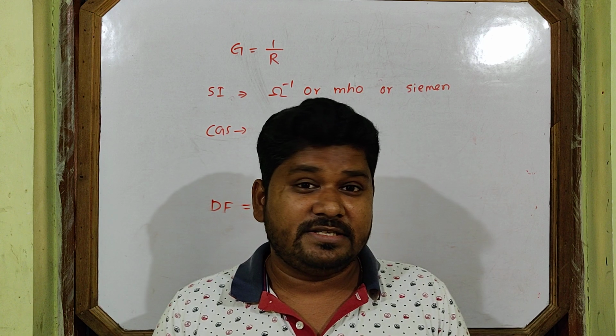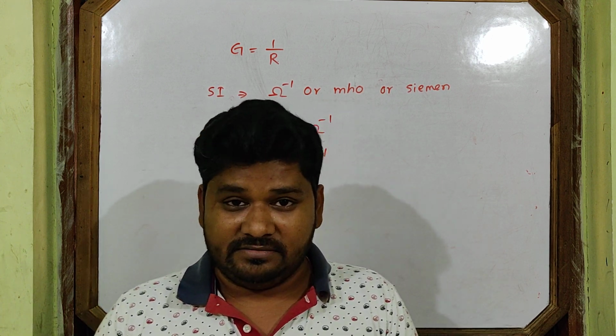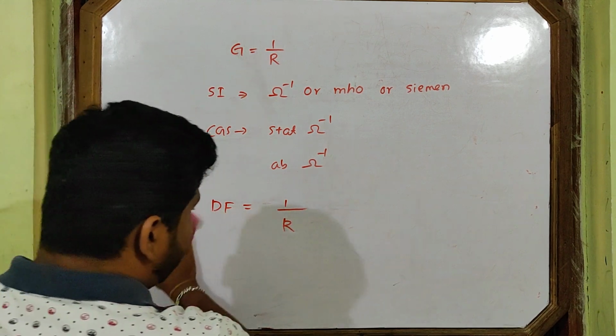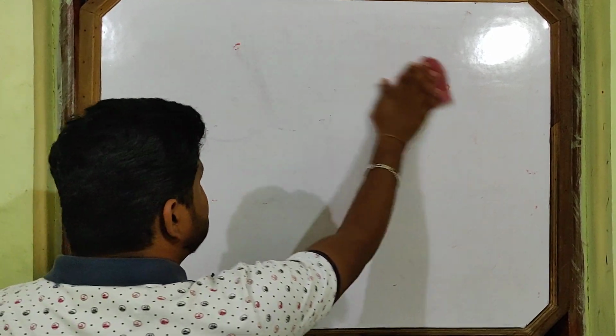Now come to the next term. What is conductivity? Let's see. The reciprocal of resistivity is called conductivity. Simple, one line.